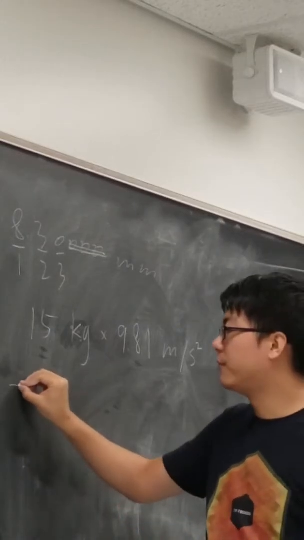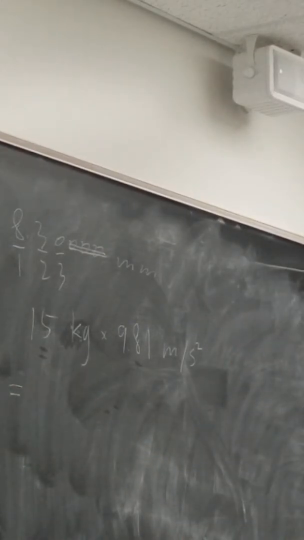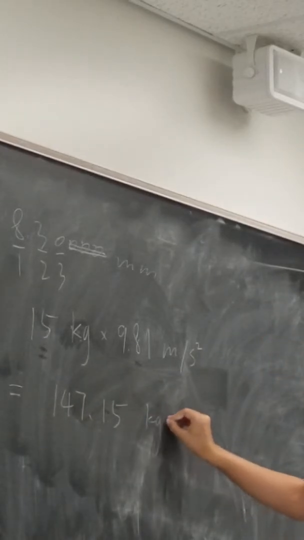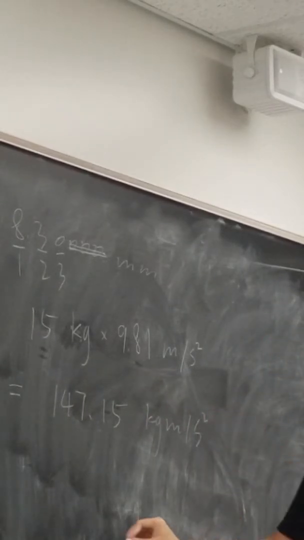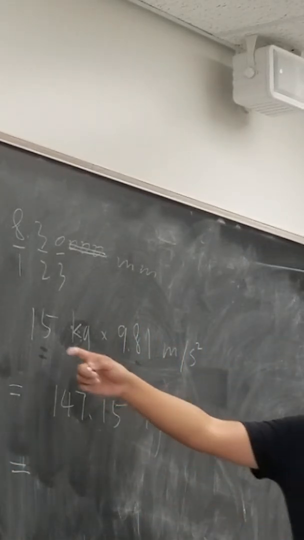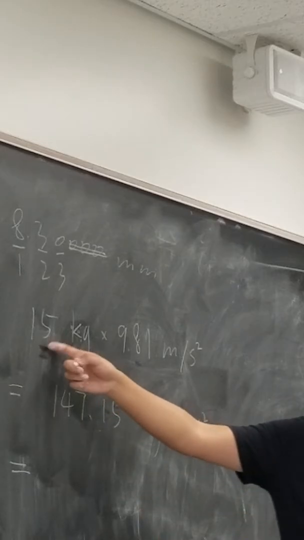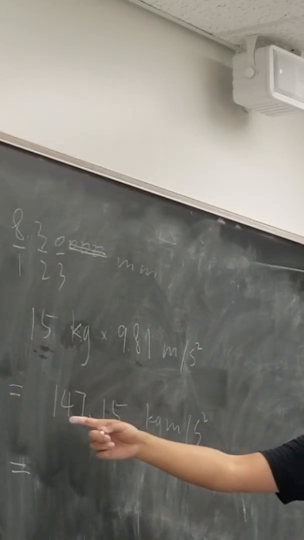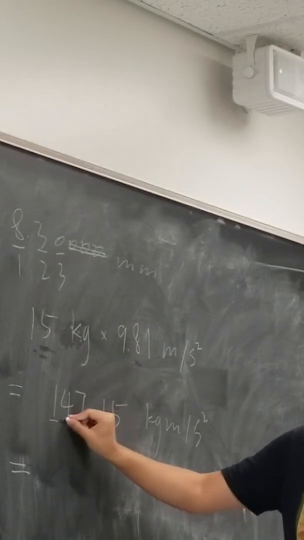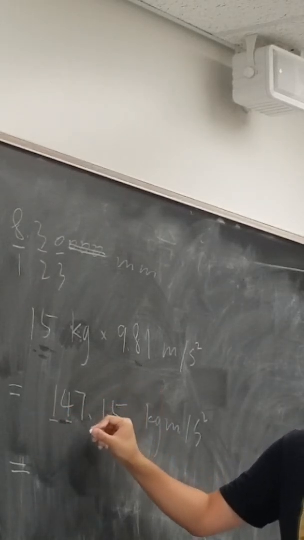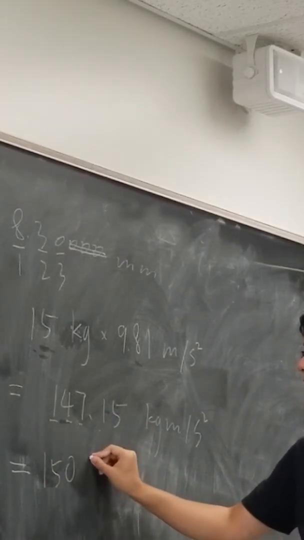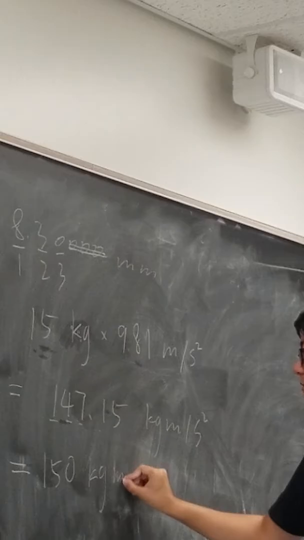So your result, if you calculate it, the value is 147.15. But you want to report it with only 2 significant digits, because this one is not accurate enough. So you would report just 2 significant digits, and this 4 should be rounded up into 5 because this is 7. So 150 kilogram meter per second squared.